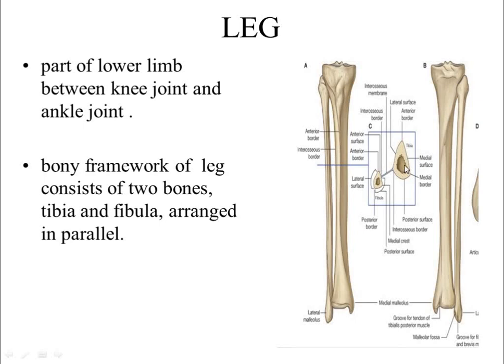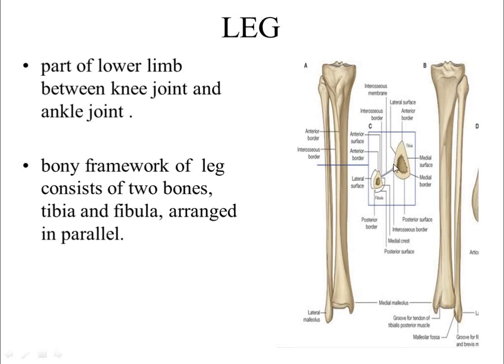If we see the cross section of these two bones, this is the tibia and fibula, both are triangular. There is a medullary cavity. This is the anterior border of the tibia. This is the lateral border of the tibia or the interosseous border.